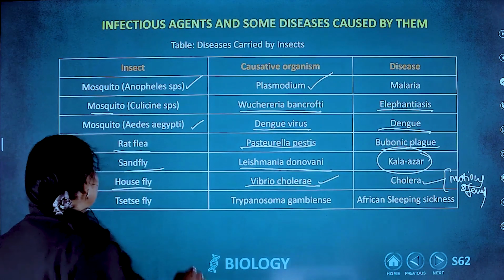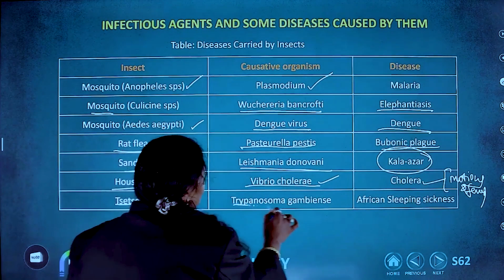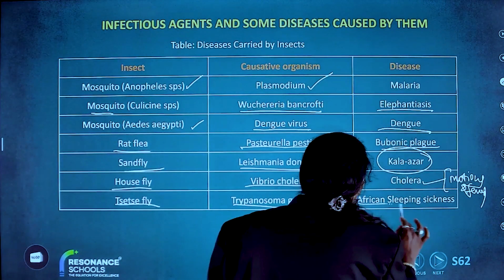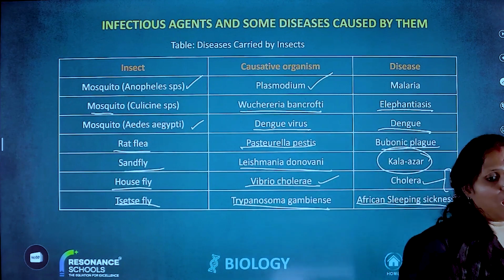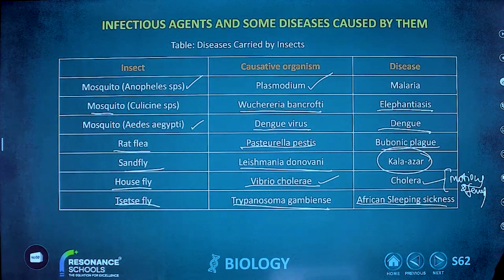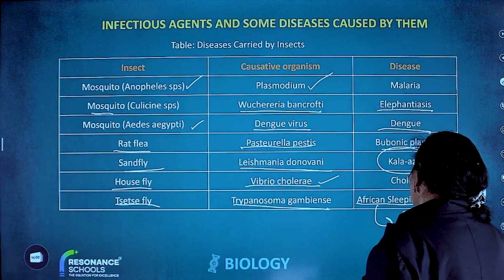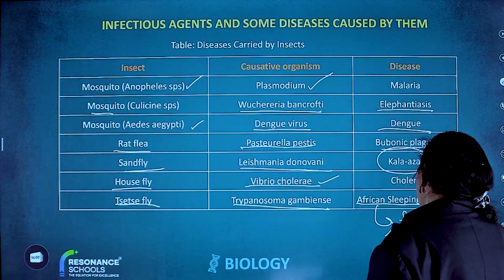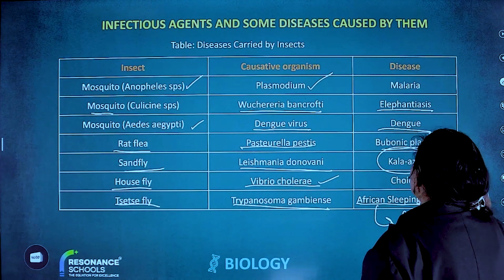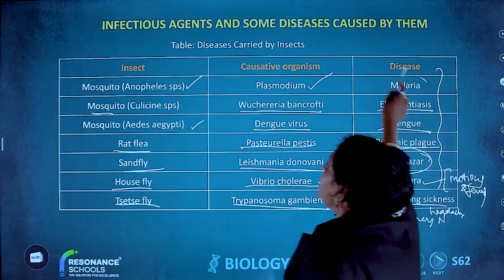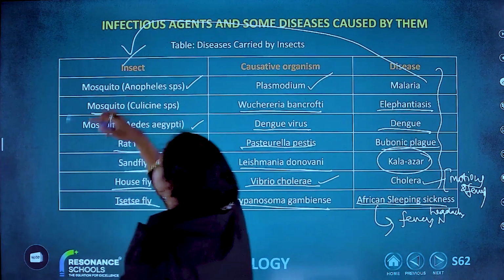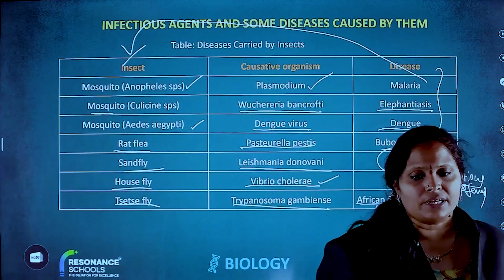And last one, tsetse fly, Trypanosoma gambiense, African sleeping sickness. You know very well, just now we have discussed: fever and neurological problems. These are the diseases which are spread by these insects.